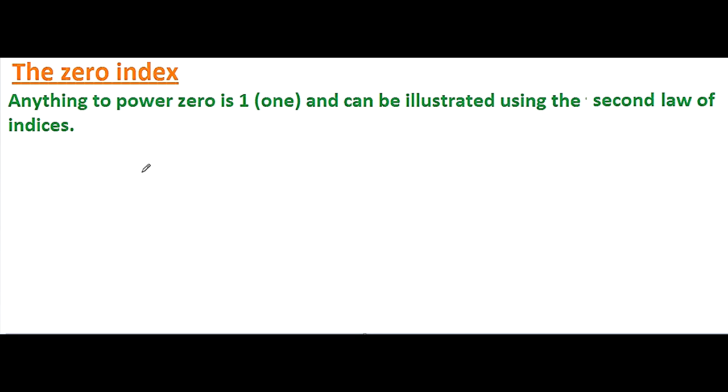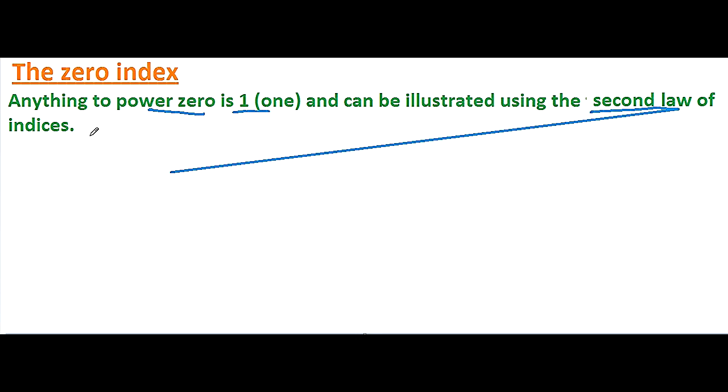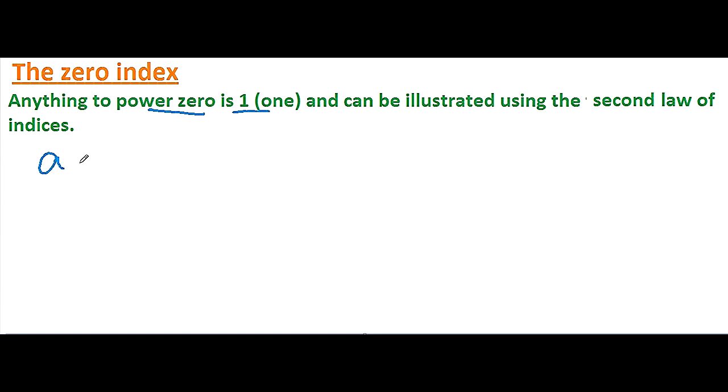The zero index. Maybe you have heard people say that anything to power 0 is 1. That is the zero index statement. Anything to power 0 is 1 and can be illustrated using the second row of indices. Let's take an example. Suppose we have a to power m divided by a to power m. The second row of indices tells us that this is the same as a to power m minus m.